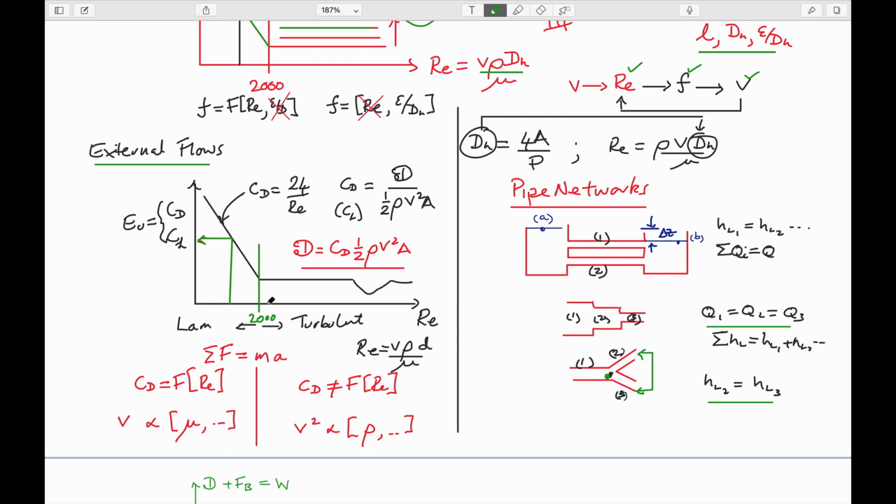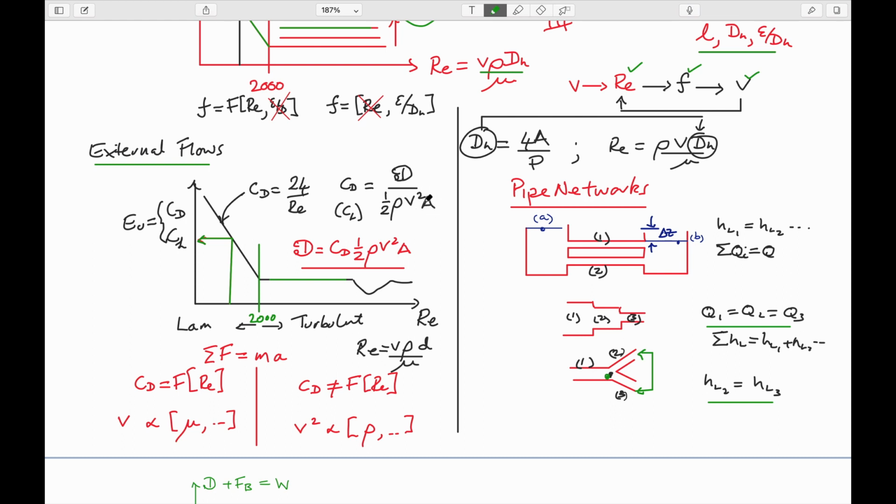And for turbulent flow, flows above 2000, the friction factor or coefficient of drag or coefficient of lift are largely constant, except for some variations. And this allows you to write the coefficient of drag as a function of the drag force or lift force divided by a half density velocity squared times the cross-sectional area of the object.